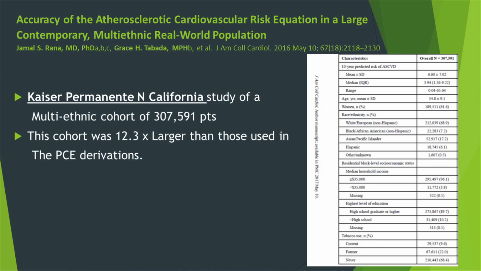And then this really large study, and I put this in because in Northern California it's Kaiser, which does a lot of studies because they have a huge database of patients. They looked at a multi-ethnic cohort of 307,000 patients, which was 12.3 times larger than the 25,000 that was used for the derivation of the pooled cohort equations for the calculator.